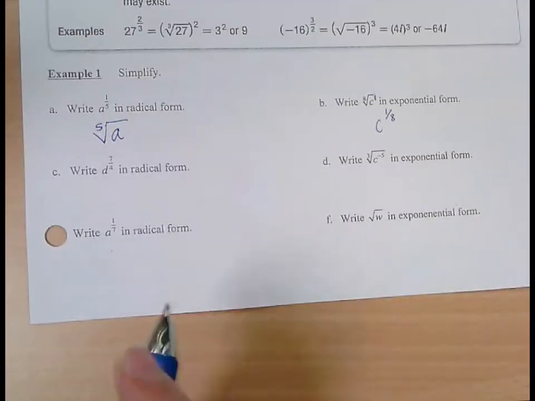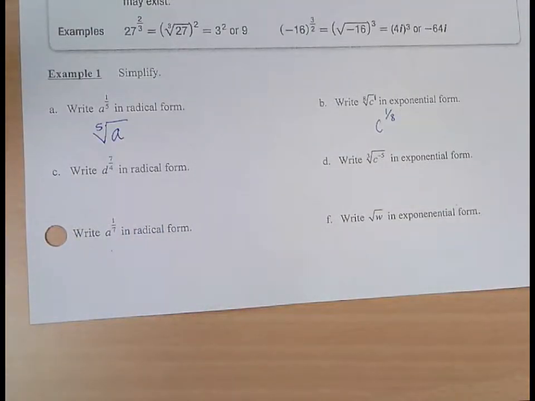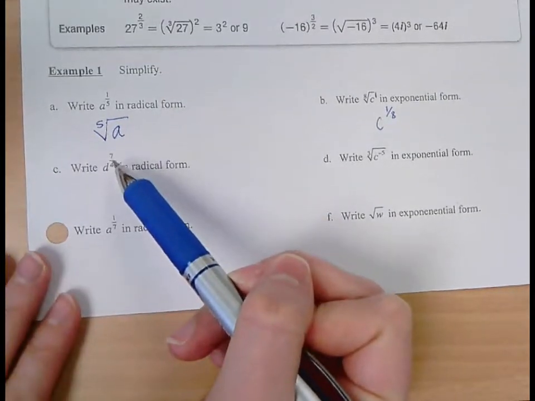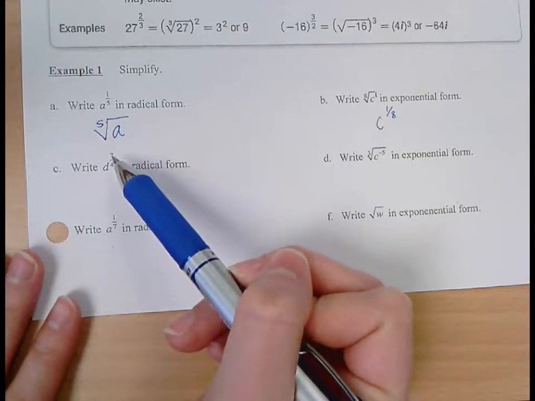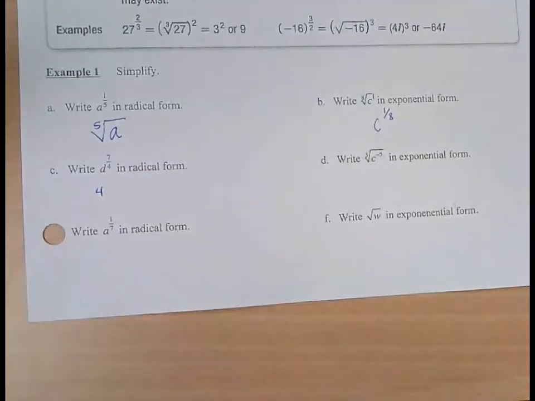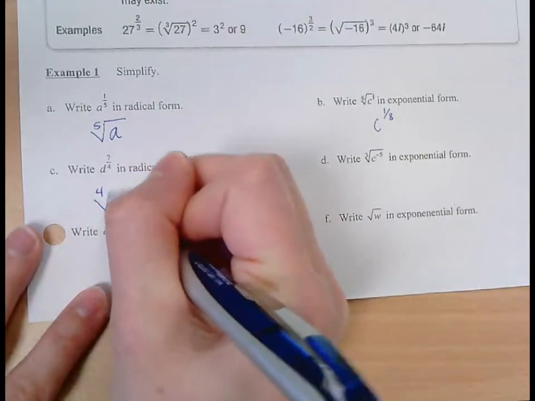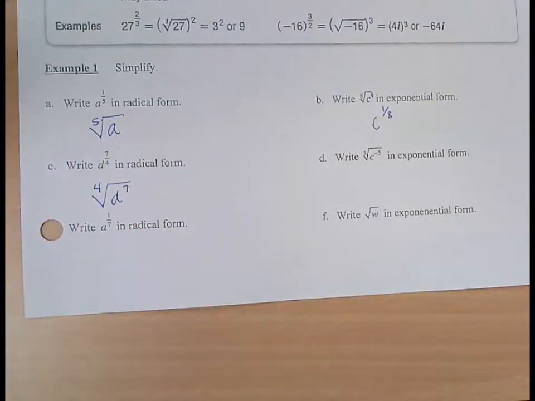So then for the next one, if you have d to the 7/4, now because our numerator is not 1, the 4, the denominator, is the index. The 7 is the power it's being raised to. So this would be the 4th root. I'm going to show you two ways to write it. The 4th root of d to the 7th, so it can be written that way.